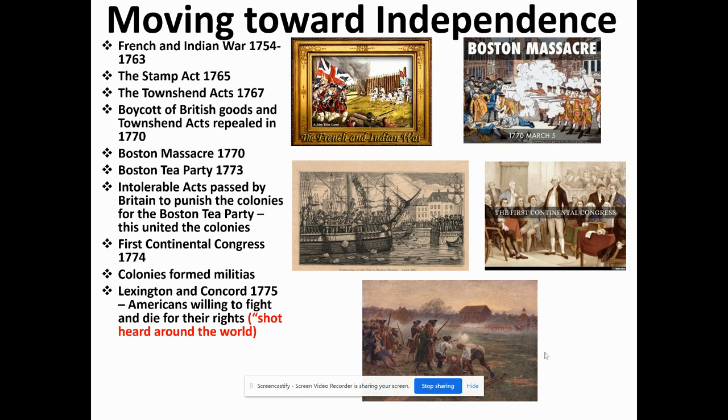Then you start to see these events that take place. There's some unrest happening in the colonies. What you really have to understand about the British colonies is that the British made a really, really big mistake in dealing with the colonies when they were first established.